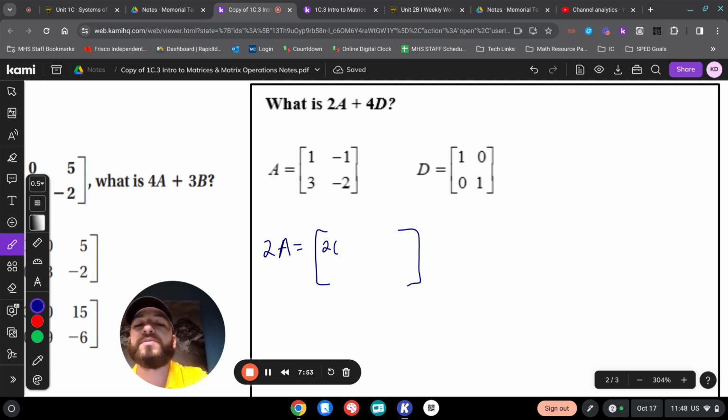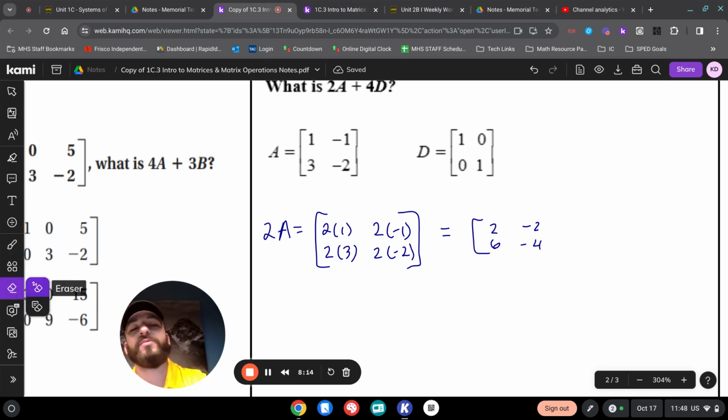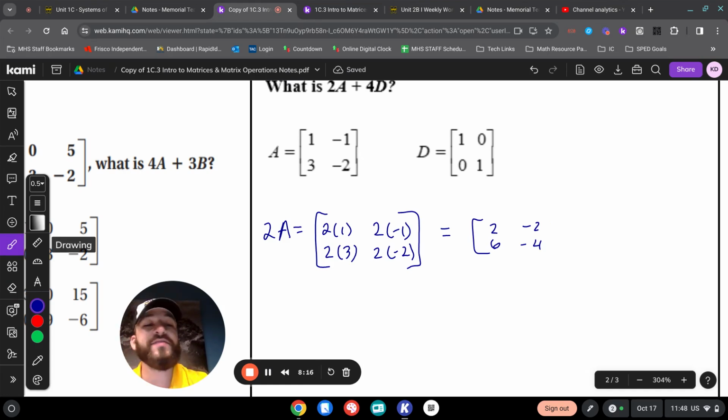So 2 times 1, and then 2 times negative 1, 2 times 3, and 2 times negative 2, which of course would give me the new matrix 2, negative 2, 6, negative 4. Ooh, of course, not parentheses, I want to use those brackets. So relatively straightforward, just like addition and subtraction, y'all. Kind of almost works out how you'd probably think it should.